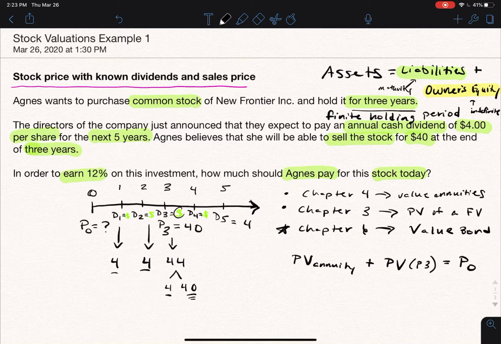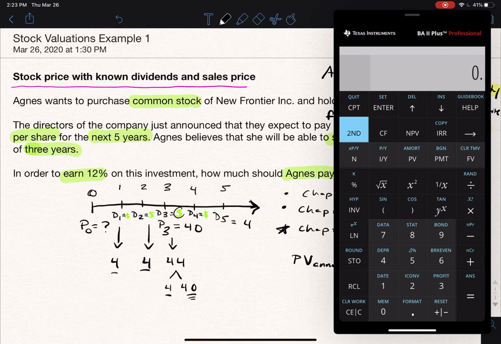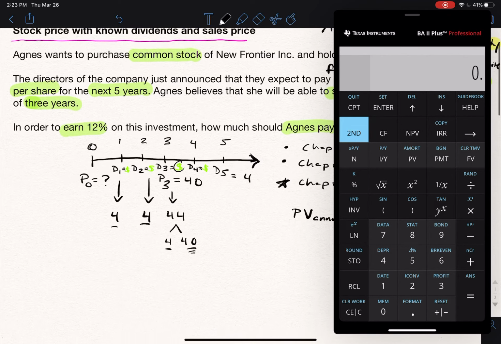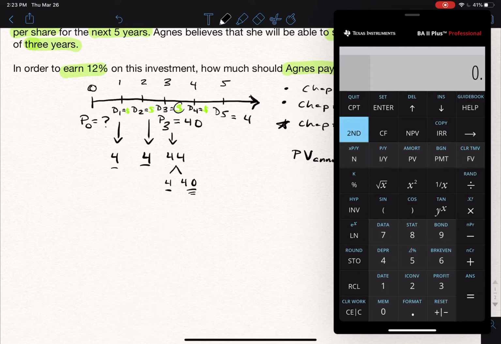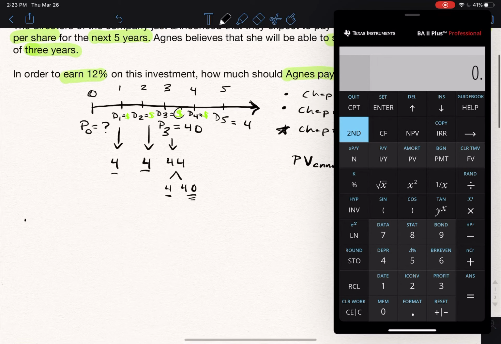So I'm going to whip out my BA2 Plus. All right. And as always, we're going to go through our time value of money variables, because just like every other problem that we've worked so far, if I can determine 4 of those 5 variables, I can always solve for the 5th one. And so if you remember from Chapter 6, we always immediately assign the variables that we were already given.